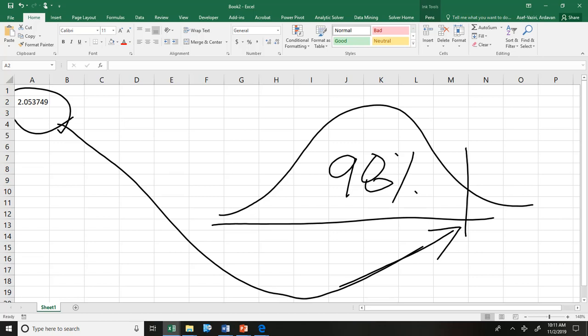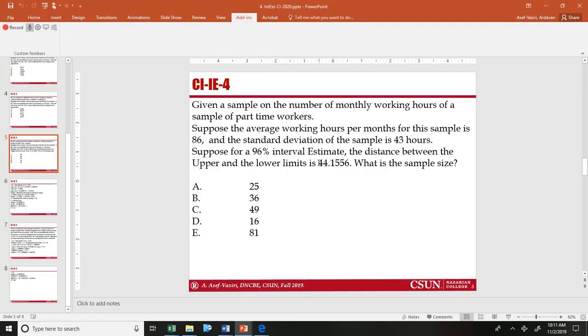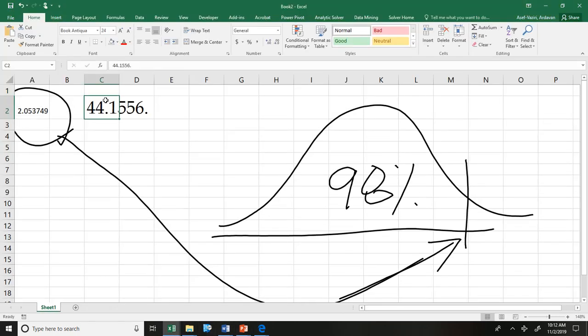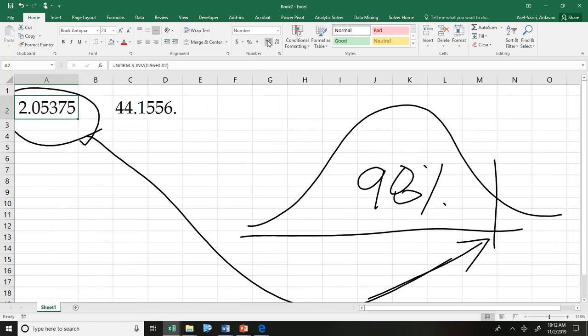So I have that. But at the same time, my problem tells me the gap between lower and upper is 44 point something. This is the number that I had. This is the number of standard deviations that I should go to the right, but this 44.1 is from here to here, the distance between these two points.